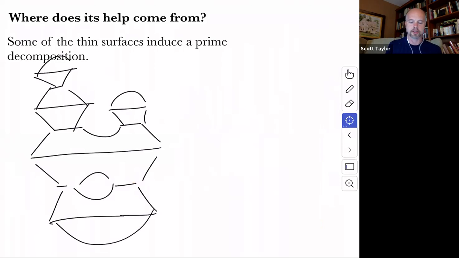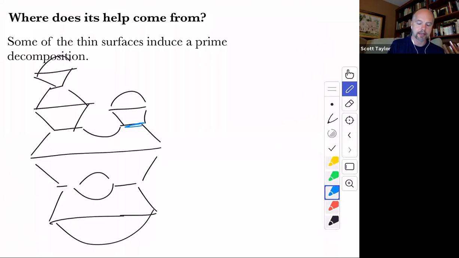That's okay. As I mentioned, this applies in a lot of cases. And when we have a composite spatial graph, there are these essential twice punctured and thrice punctured spheres that show up. And with our version of thin position, what happens is that there's going to be a set of thin spheres that give us a prime decomposition of our spatial graph.